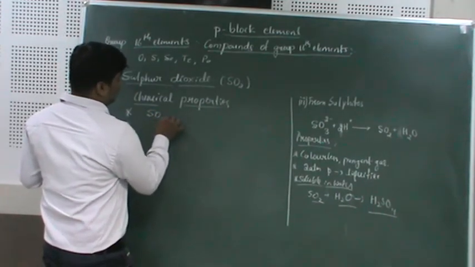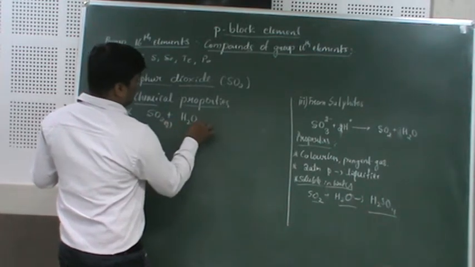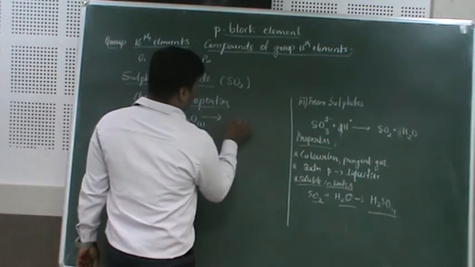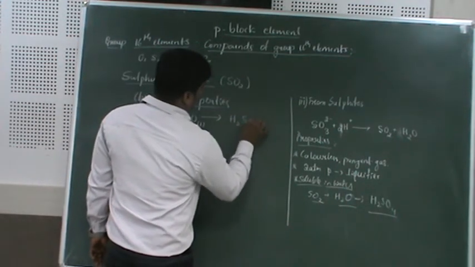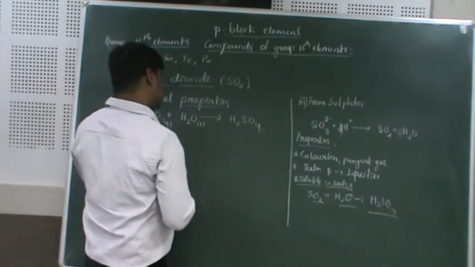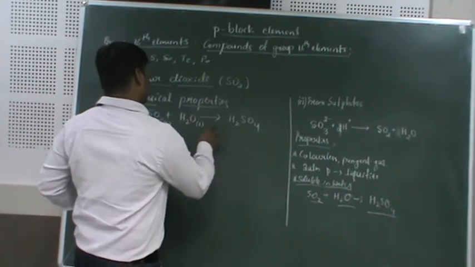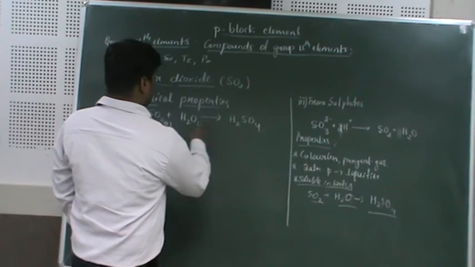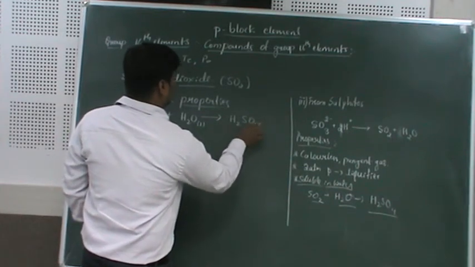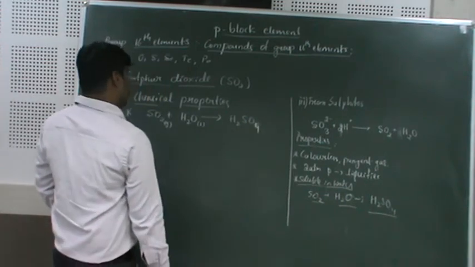When sulfur dioxide gas reacts with moisture, the liquid or moisture vapors, then it gets converted into H2SO4. First it gets converted into HSO3 minus, and then it gets converted into H2SO4.